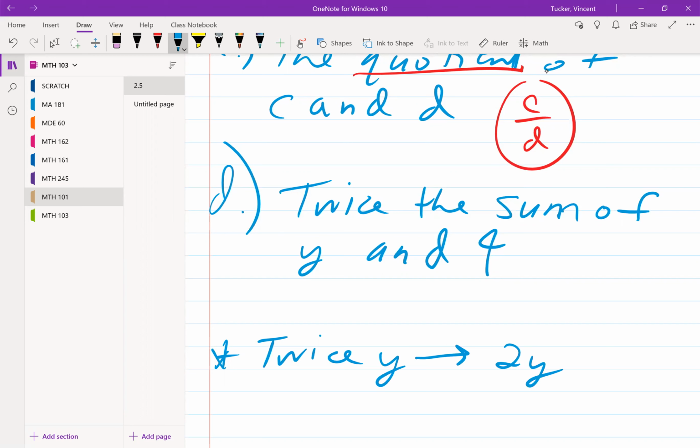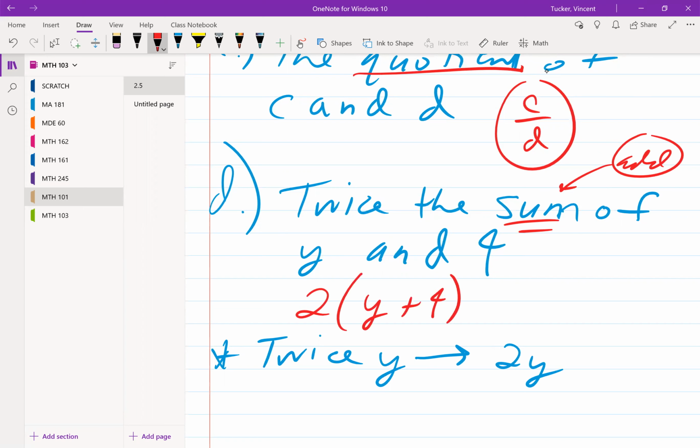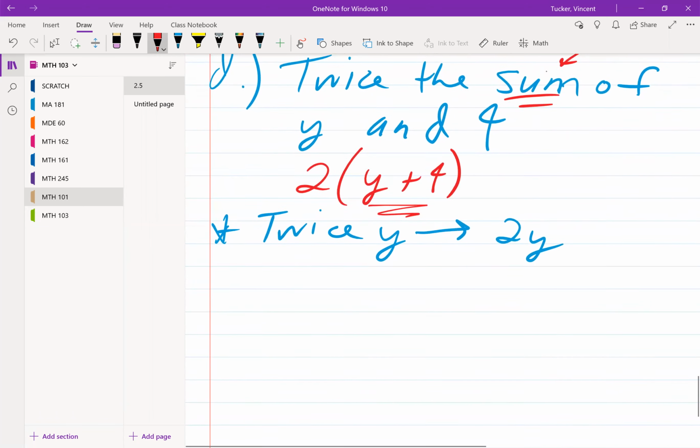But here we want twice the sum of y and 4. Well, sum is addition. So that would be 2 parentheses y plus 4. So we want twice that whole sum of y and 4. All right.